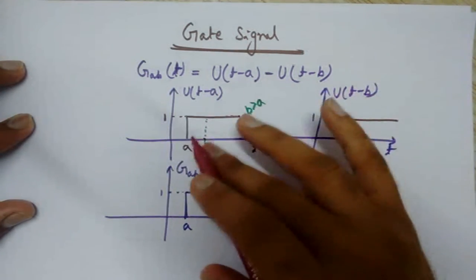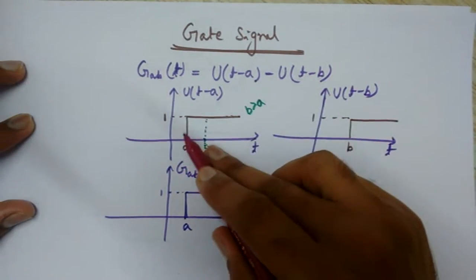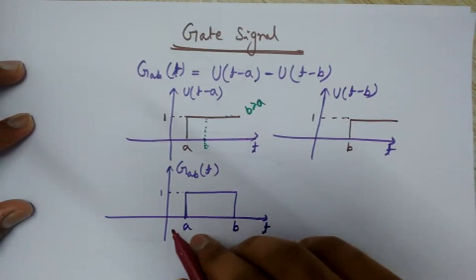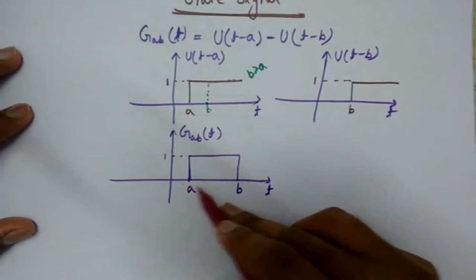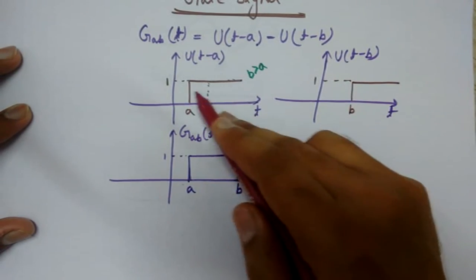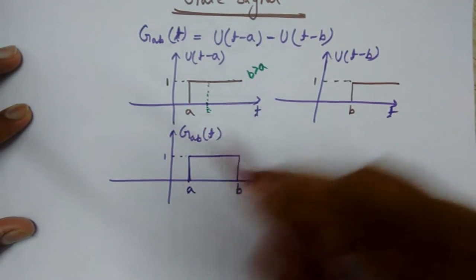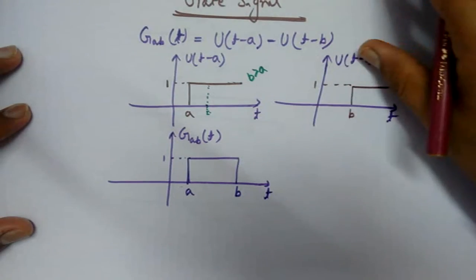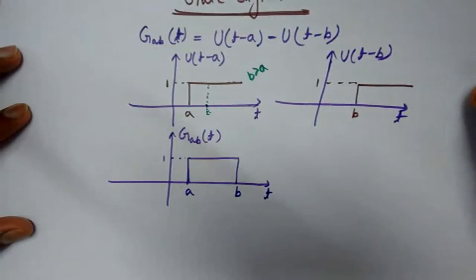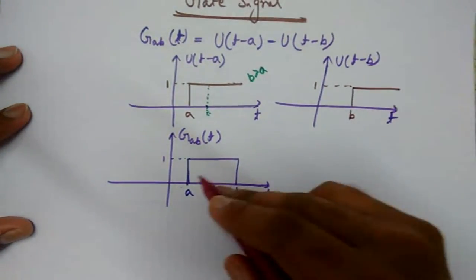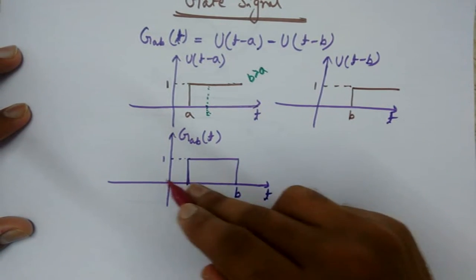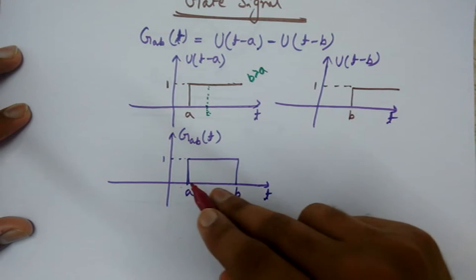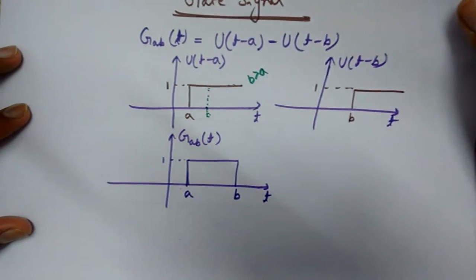So if I subtract this from u(t minus a), then I will get this gate signal g_ab. It would be of rectangular shape between a and b. So this is the gate signal defined between a and b. Its value is 1 between a and b, and at other values it is 0.